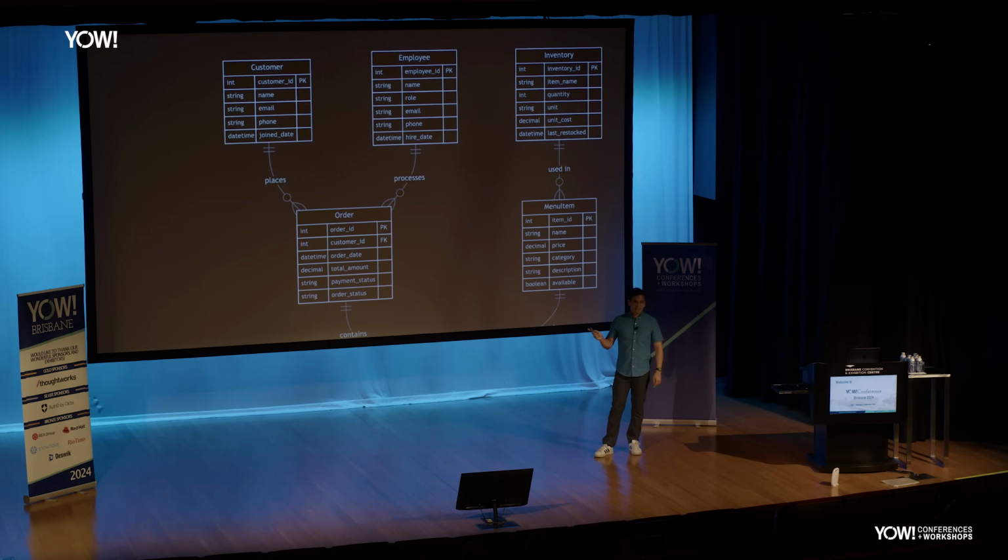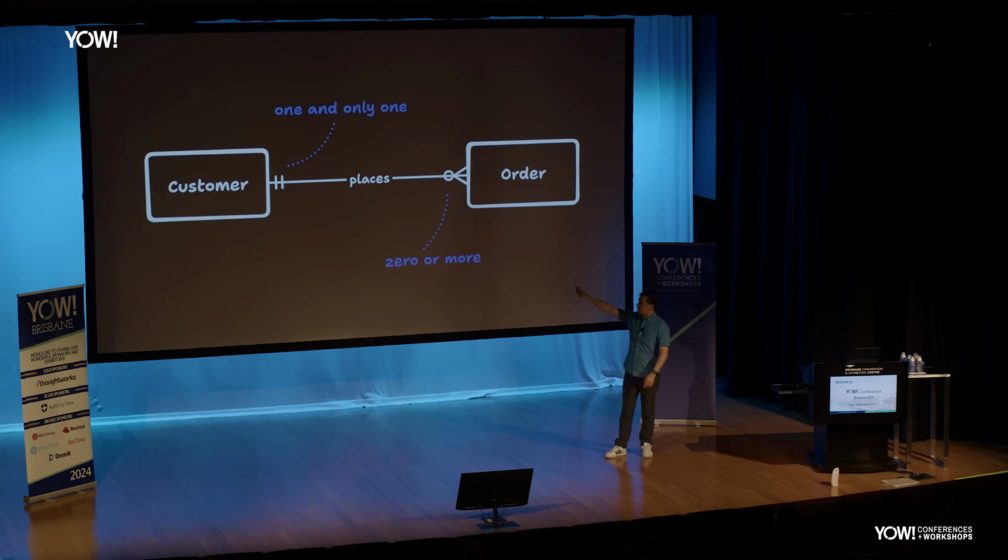One of the confusing things I found about entity diagrams was these little things, these crow's feet over here. And also, this slide really exemplifies just how simple you can make your entity relationship diagrams. So the 2 lines mean one and only one, even though there's 2.